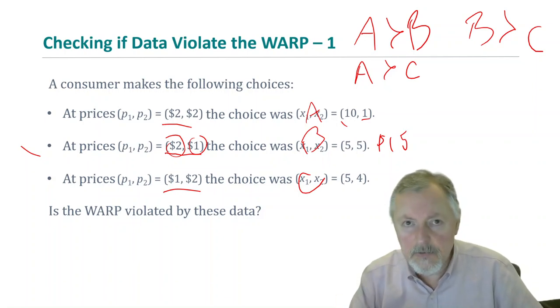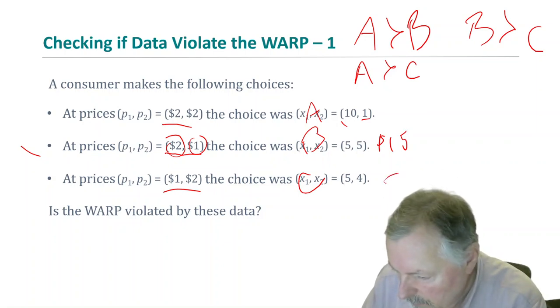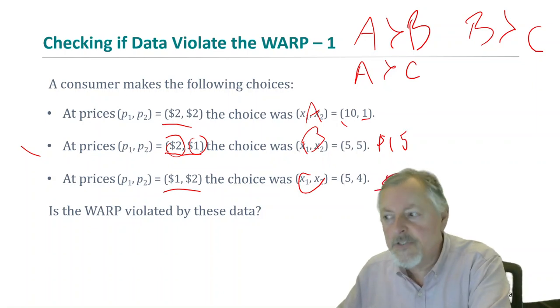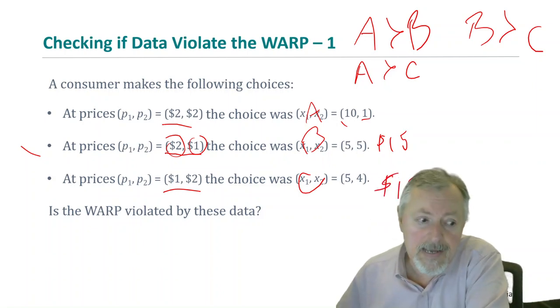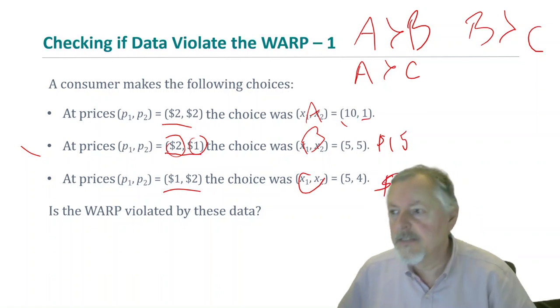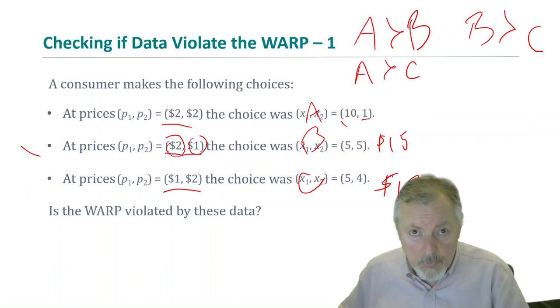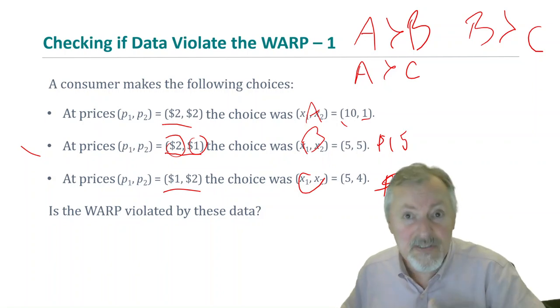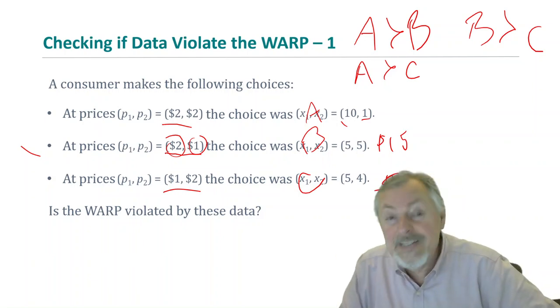That's $13, I think. So all we know about your budget is you have at least $13. Do you have more than that? We don't know. Okay. At those prices, were either of these other two options affordable so that your choice tells us about your preferences? Well, let's look at choice A.